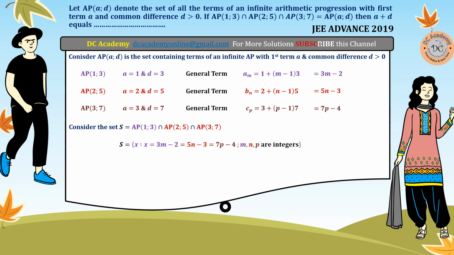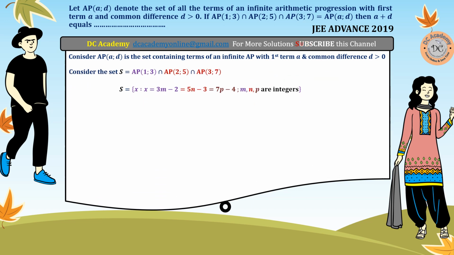So there should exist some positive integers m, n, and p such that if we substitute them in the expressions 3m minus 2, 5n minus 3, and 7p minus 4, we get equal values, and those values of x are members of the set S. Now our job is to find the elements of the set. Let's go ahead.